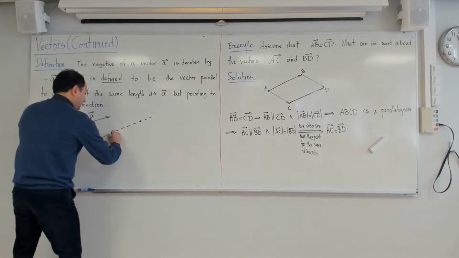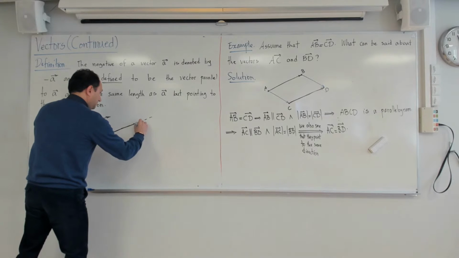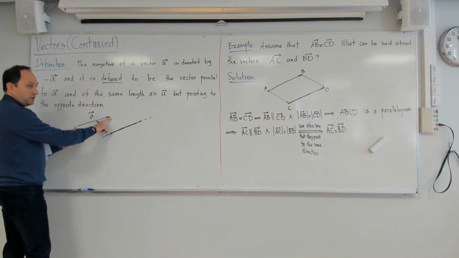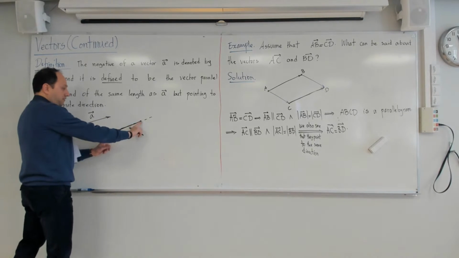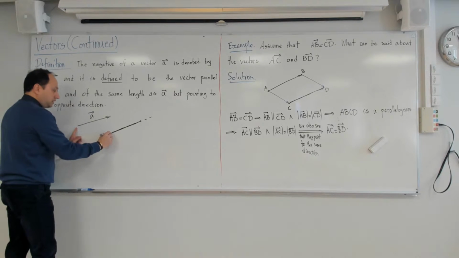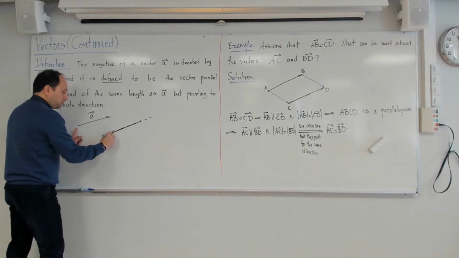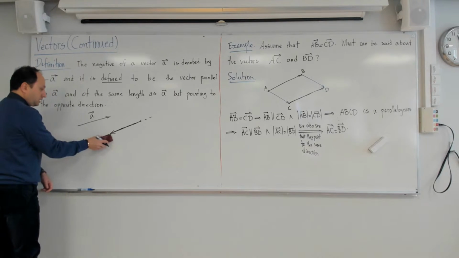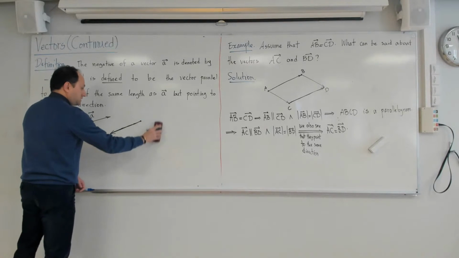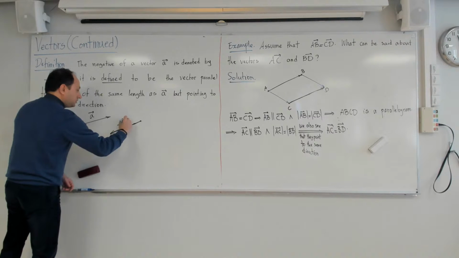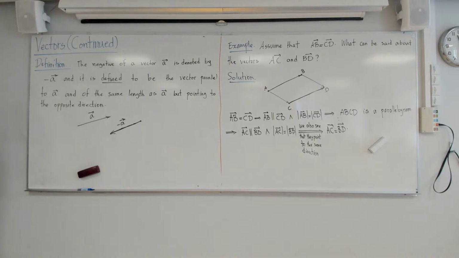This is a line which I try to make parallel to this one. And I have the same size here, but because A is pointing in that direction, the only thing that I need to remember is to put the tip of the arrow in the opposite direction, okay? And then I can clean the rest of it, which is not necessary. This vector that you see is called the negative of vector A. As simple as that. Is that clear? That's the thing that I'm defining, yes?